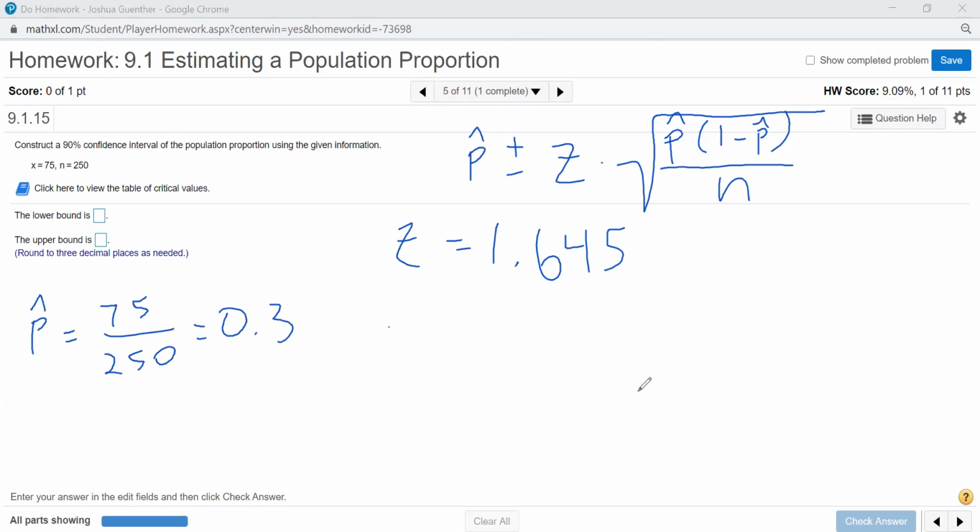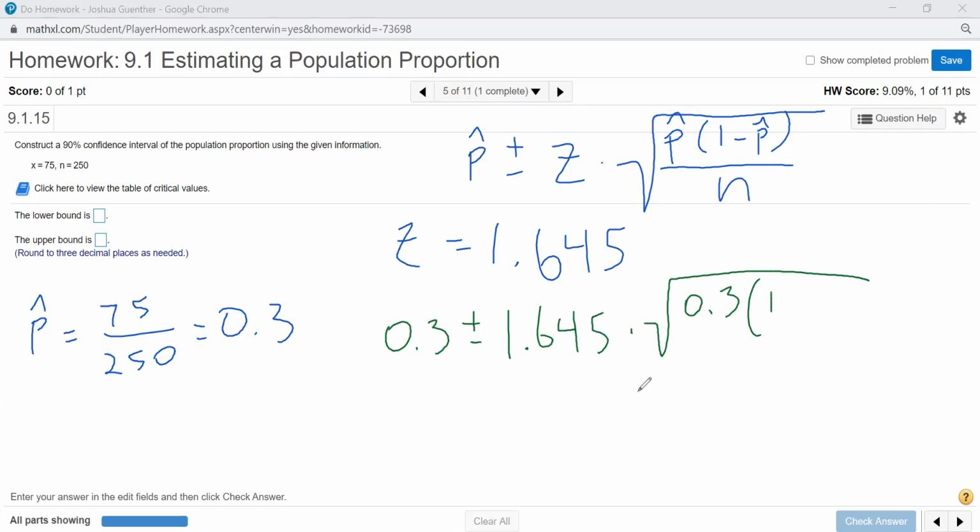It's going to be 0.3 plus or minus the z-score of 1.645 times the square root of 0.3 times 1 minus 0.3, which is just 0.7, all over the sample size of 250.